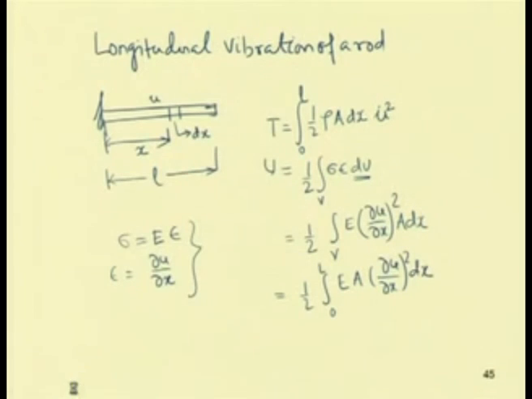So, I can write the Lagrangian of the system equal to T minus u.